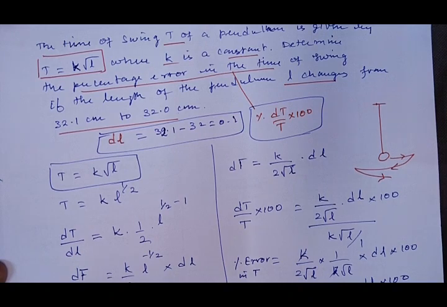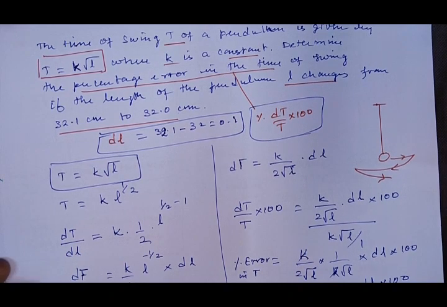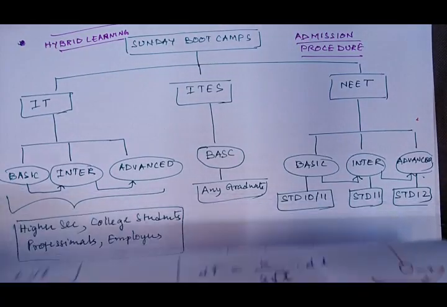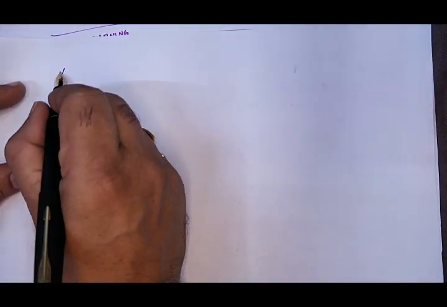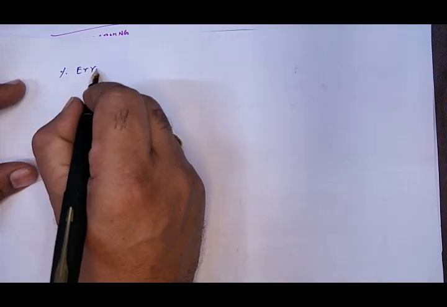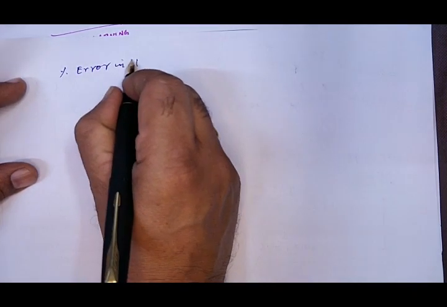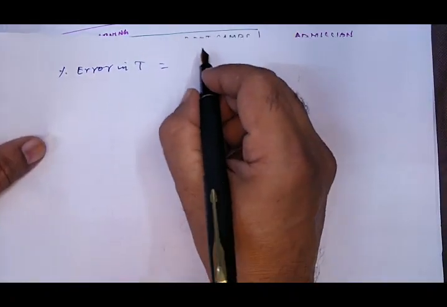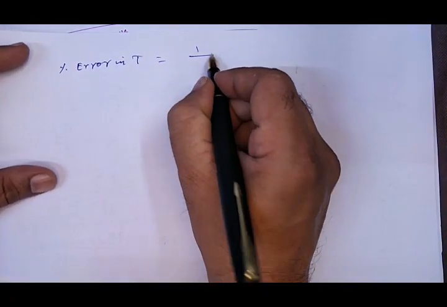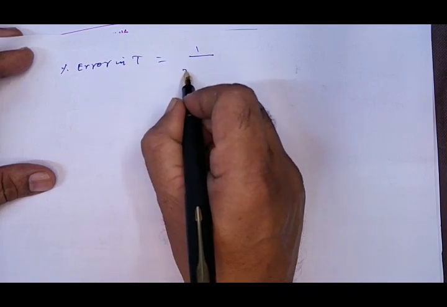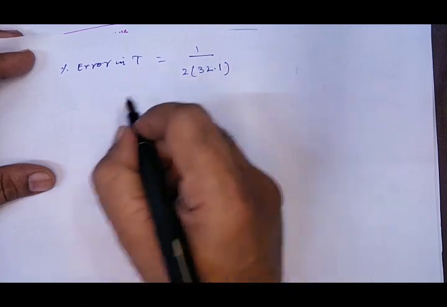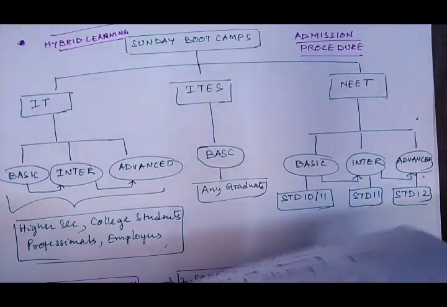Therefore, let me write on the other side. The percentage error in t is equal to 1 divided by 2 into 32.1 into dl.